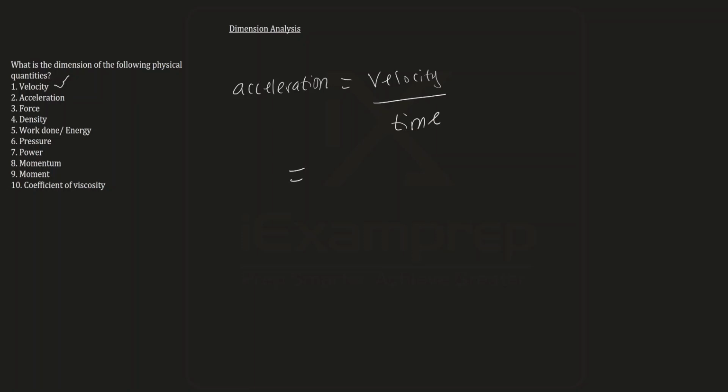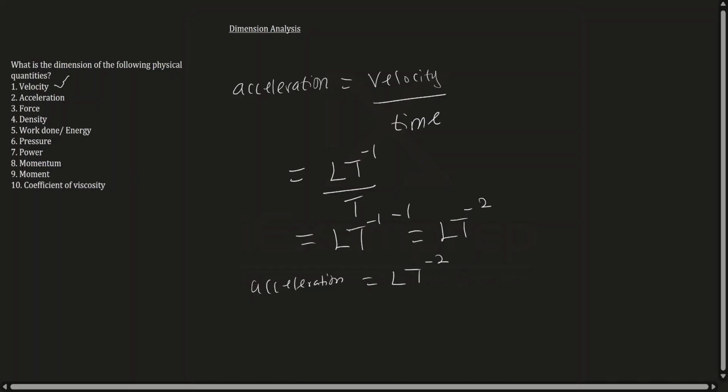Dimension for velocity is LT to the power of minus 1. Then over time, dimension for time is T. Put that together, we have LT to the power of minus 1 minus 1, which is equal to LT to the power of negative 2. Minus 1 is negative 2. So dimension for acceleration is equal to LT to the power of minus 2. Right?